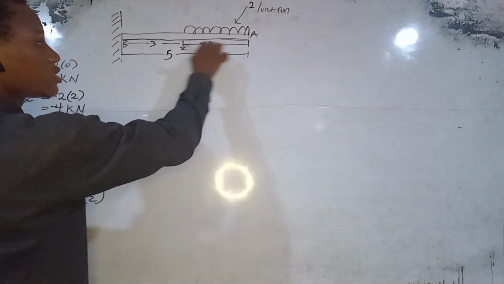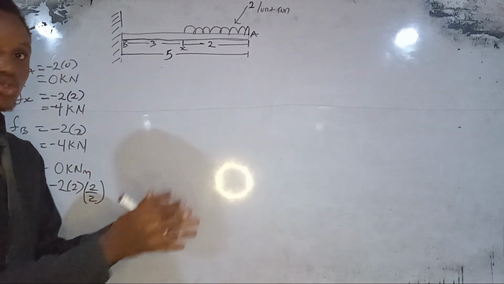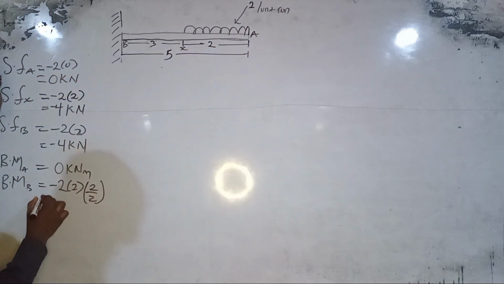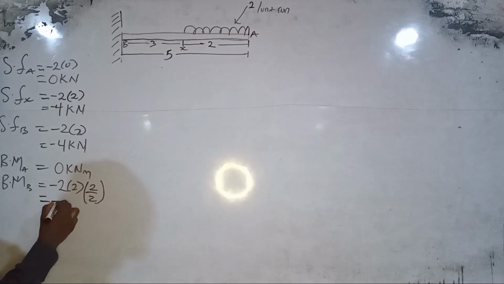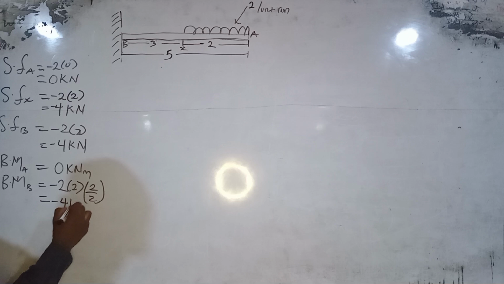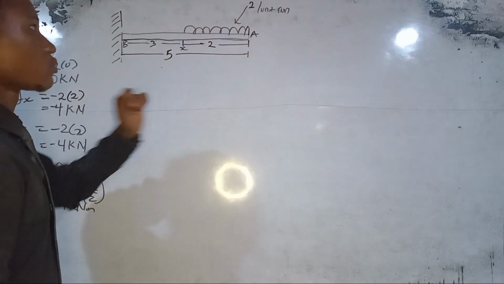That is, if we divide this distance here by 2, we are going to get d is equals to 2 divided by 2, 1. Everything here is going to give us minus 4 kilonewton meter as our bending moment at B.